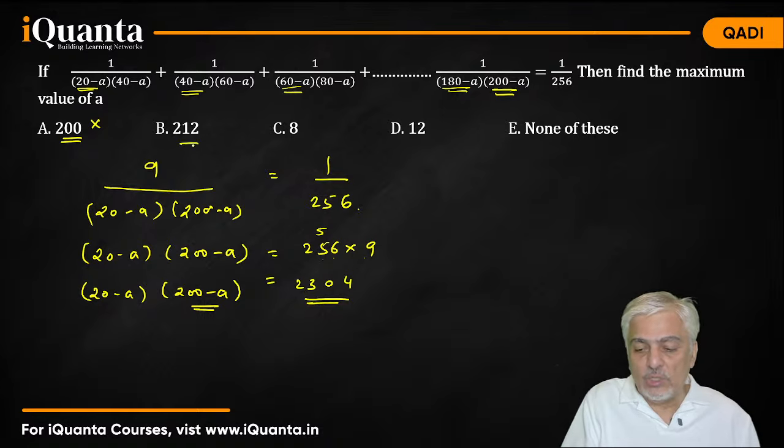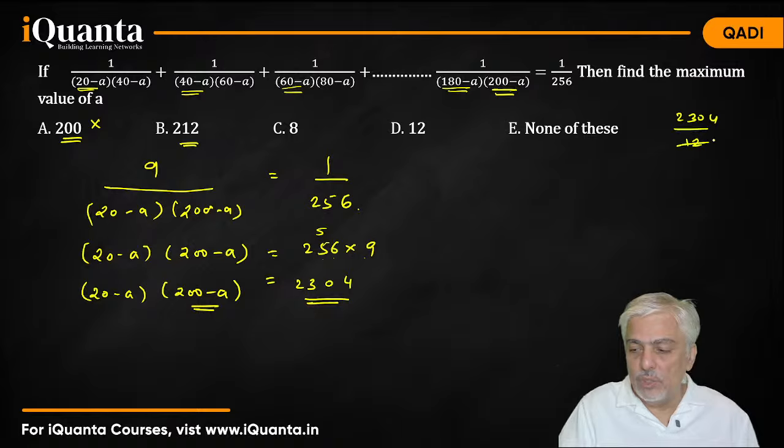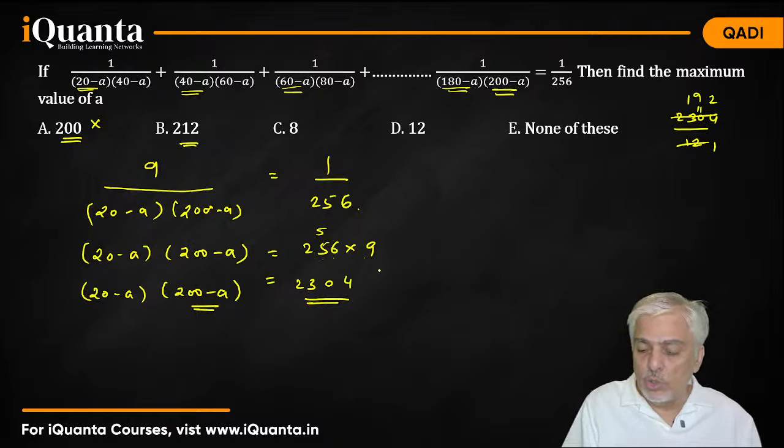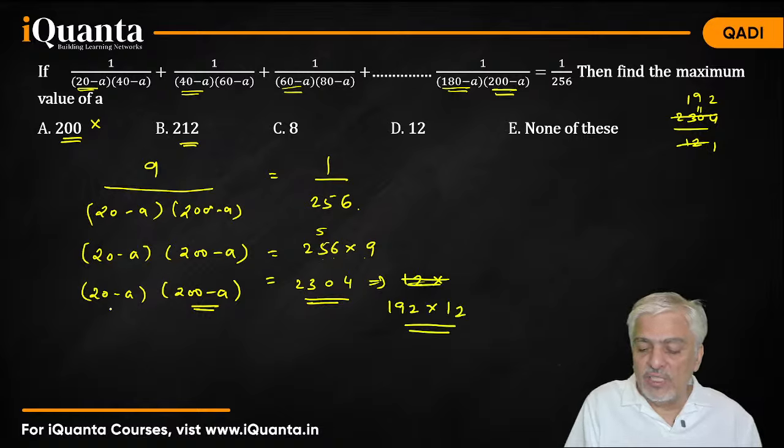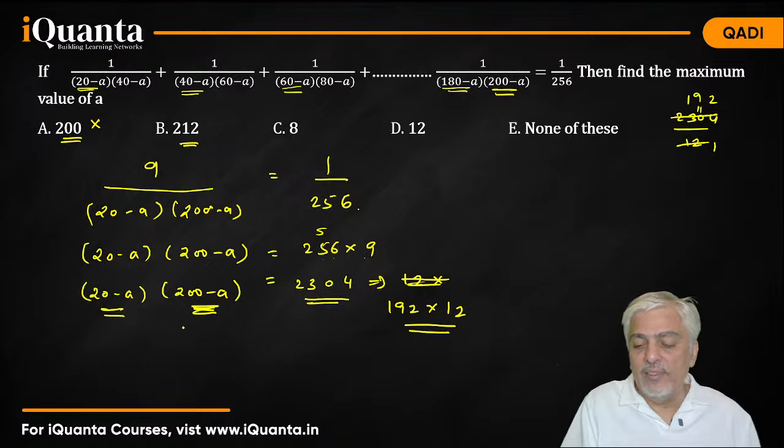This is the biggest out of all the other options. So does 2304 go in 12? 12 ones are 12, 12 nines are 108, 12 2s, that goes 192 times. So 2304 can be written as 12 into 192 or 192 into 12. So if this is 192 and this is 12, A will be 212.